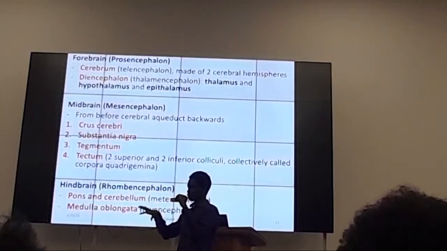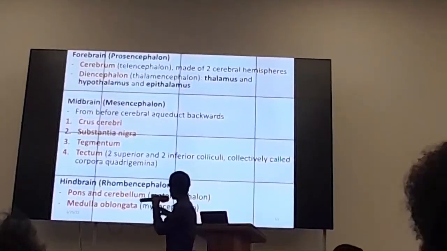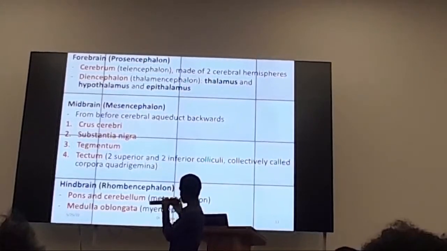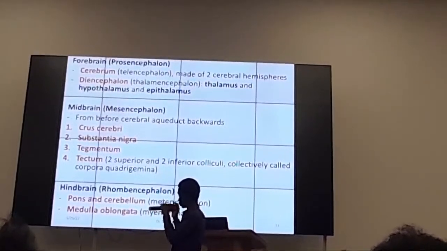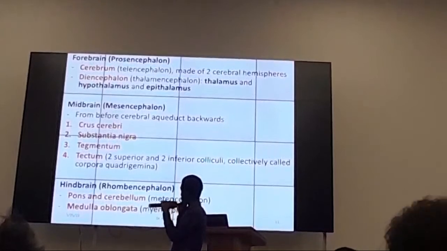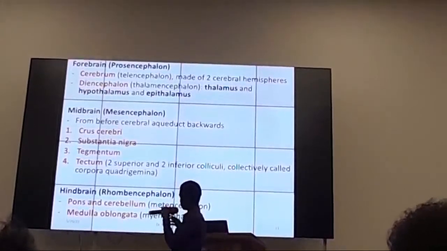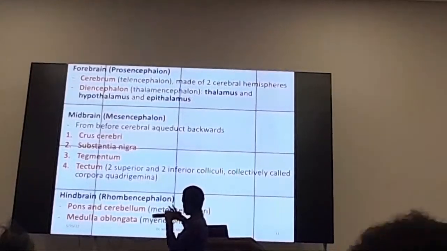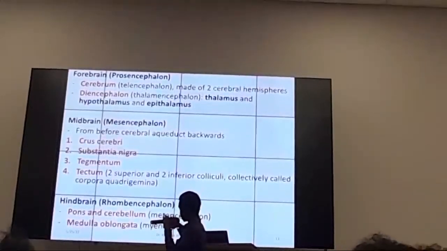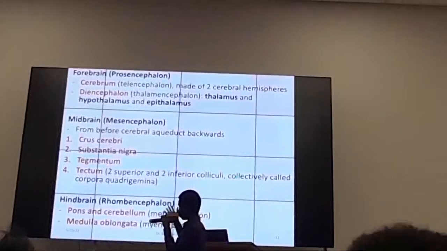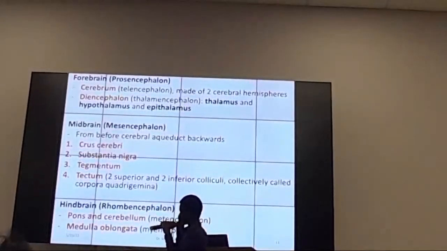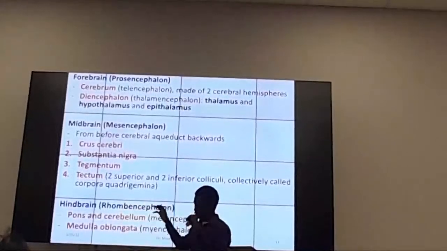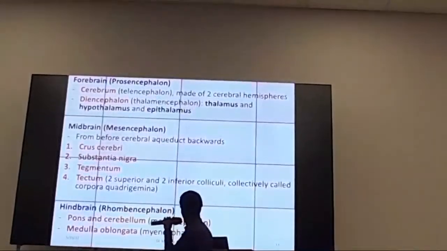Crus means foot. Substantia nigra is named so because of its appearance. When you stain the midbrain, the substantia nigra appears black, and so it's named substantia nigra. And then tegmentum is the part behind the substantia nigra, but in front of the cerebral aqueduct of Sylvius.